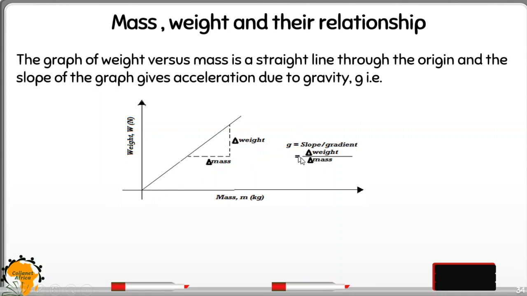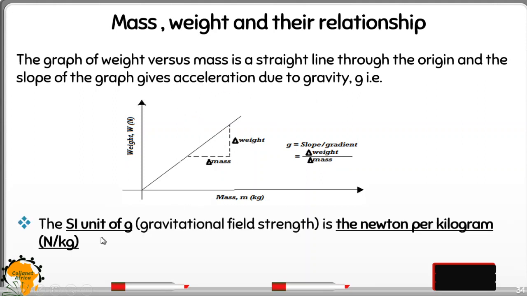When you get the slope, and when we are talking of slope, it is the same as gradient, where we get the change in weight and the change in mass. The slope will give us acceleration due to gravity. The SI unit of gravitational field strength, or what we are calling acceleration due to gravity, is Newton per kilogram, written like this.